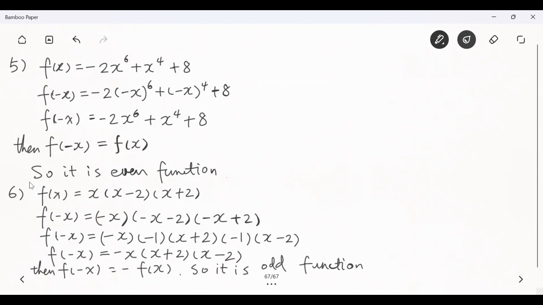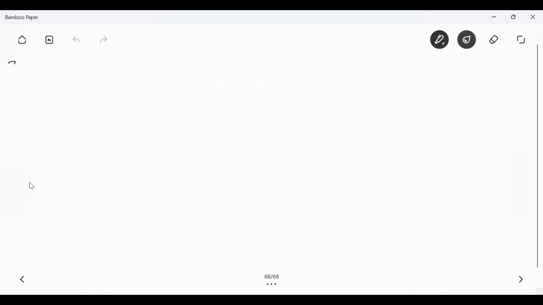Okay. Number 7. If f(x) equals x cubed minus 2x plus 1. So in the same way, you put the negative x, substitute for x.